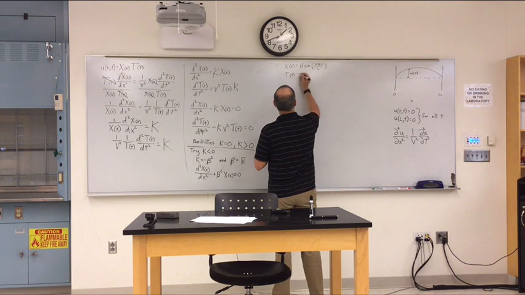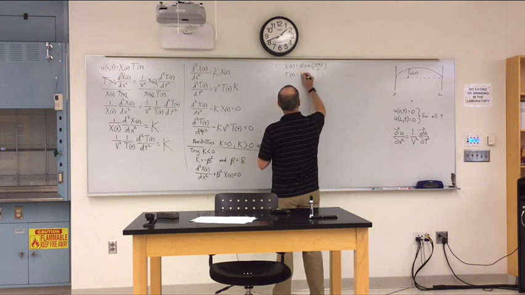T of t, we're going to try as being equal to, we used a, b, and I think we had a c in there, so we're going to call this d. Yeah, we had the little c's.